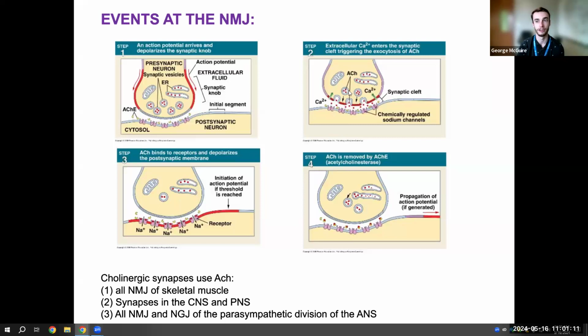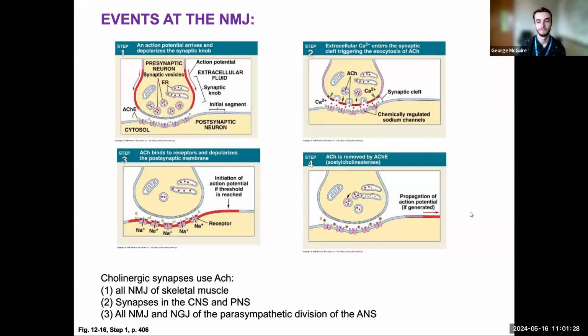So exocytosis of acetylcholine. And then again, acetylcholine binds with these chemically gated sodium channels. Sodium rushes into the cell, which depolarizes the membrane and causes an action potential to propagate along the sarcolemma. So here.